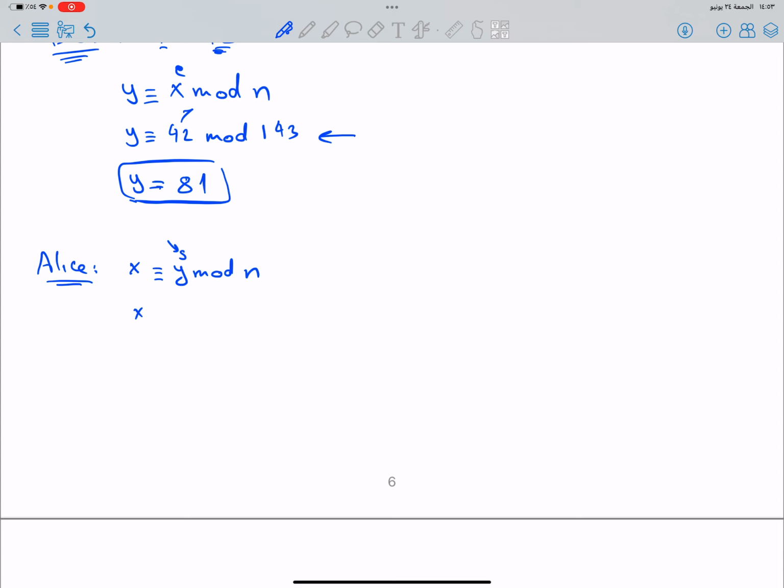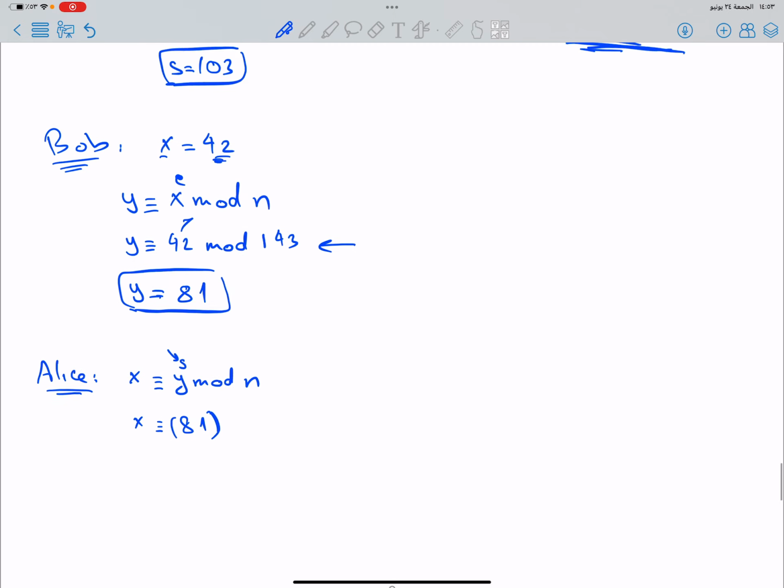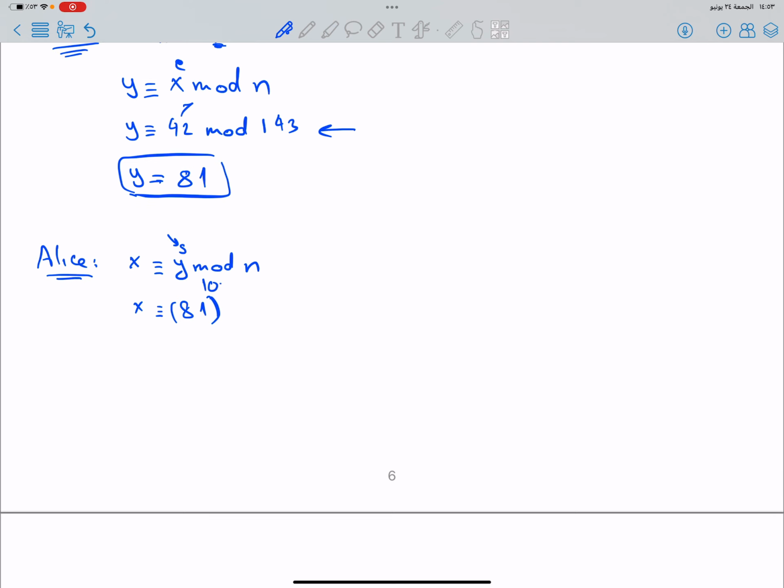And this Y is 81 to the power S. What was S? It is 103, modulo N. What was N? 143. And what's the result? Okay, we should know this without calculation because this is the original message.